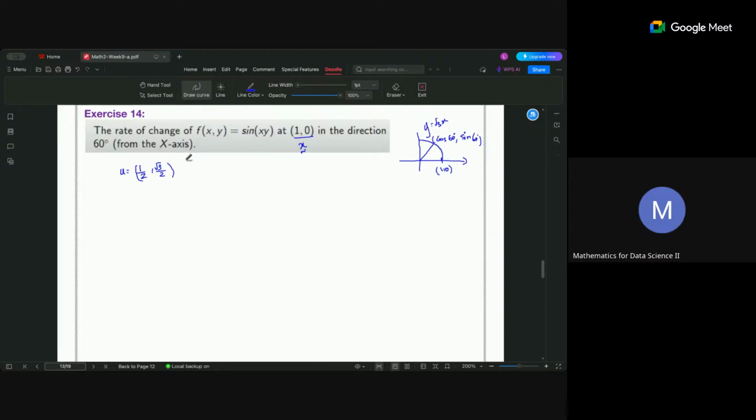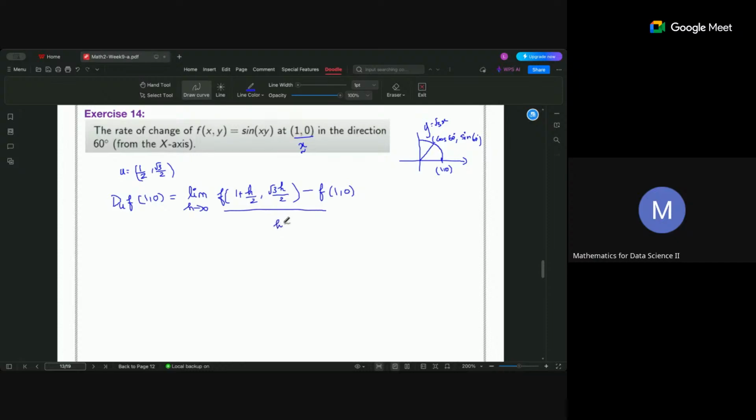All right, so here you see that now you have to find D_u f at (1, 0). So what is that formula? I will just write what you need to do. You complete the calculations. So you have your x tilde plus hu, so you have (1 plus h by 2, root 3 h by 2), minus f of (1, 0), all by h.